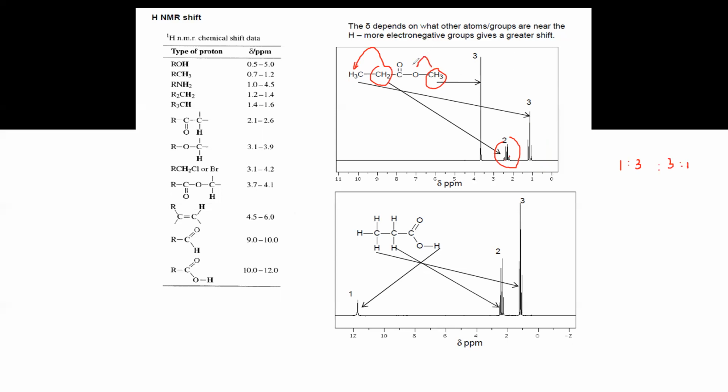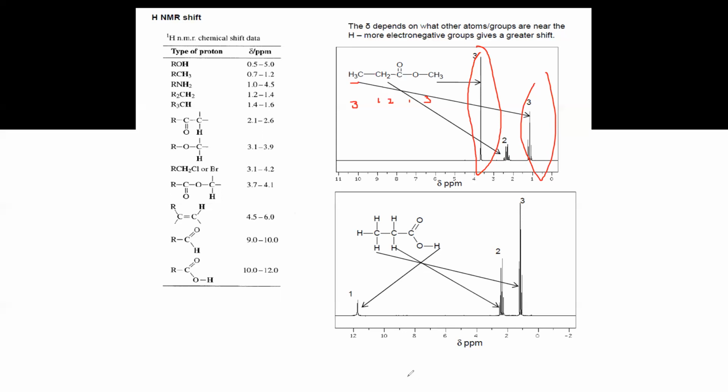Because the neighbor is 0 hydrogen. 0 plus 1 is 1, so a singlet. And the total relative intensity will be 3, 2, and 3. This CH3 has 3 hydrogens and this also has 3 hydrogens, but why do they have different heights? Because this one is further split into a triplet, and this one remains a singlet, so that's why it is much higher.